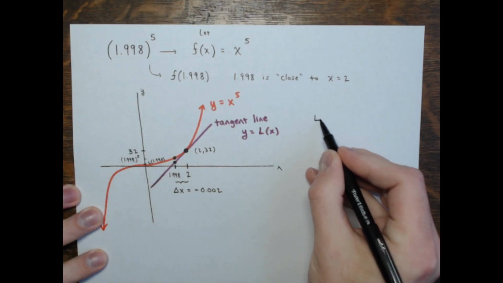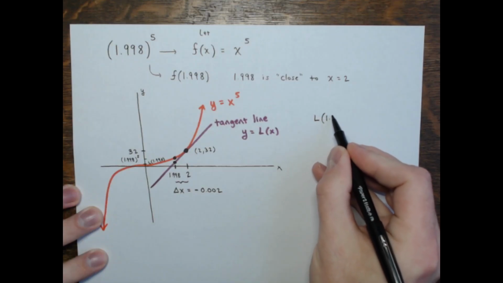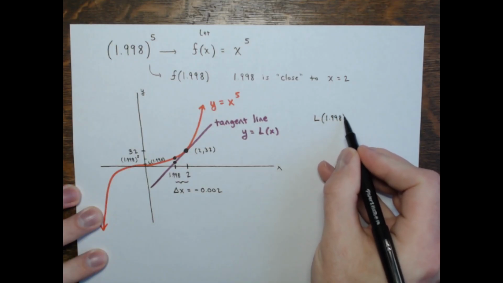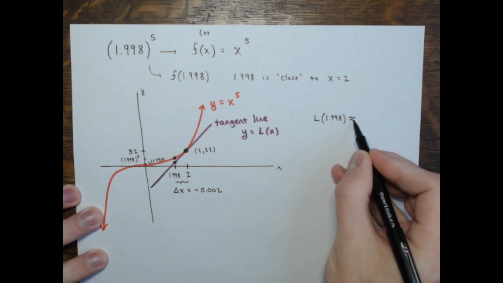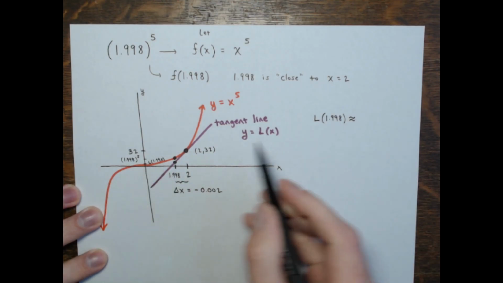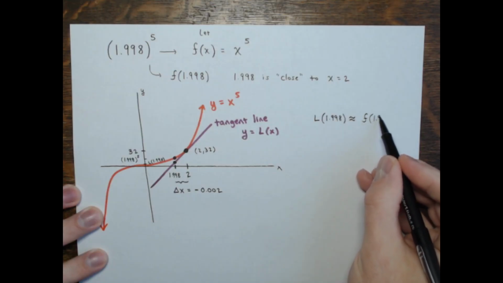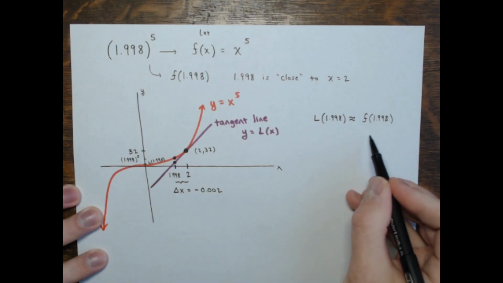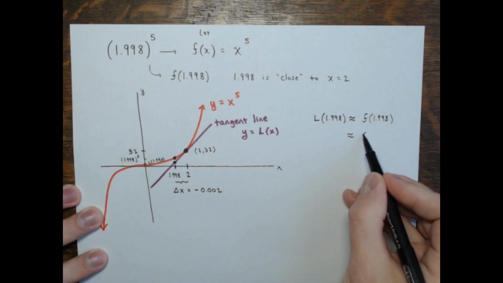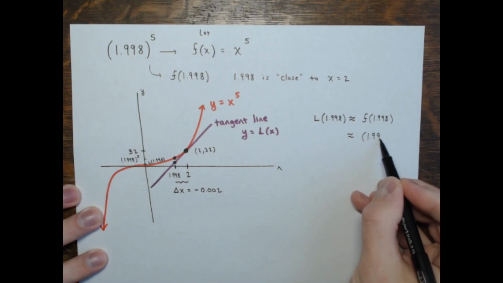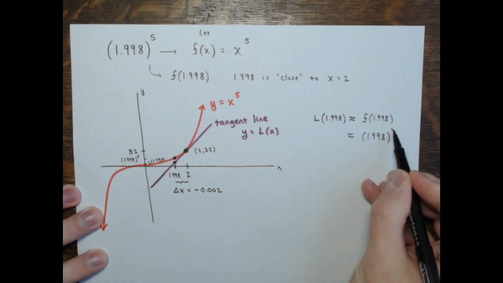And so the value of L at 1.998 should be approximately the same as the value of f at 1.998, this 1.998 to the fifth power.